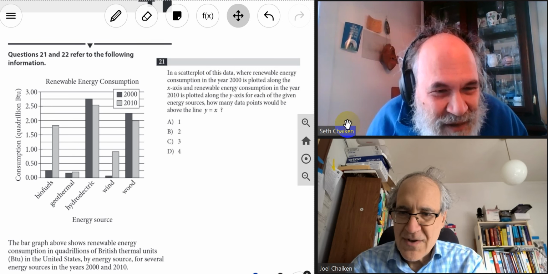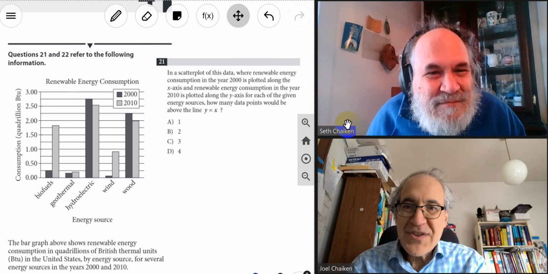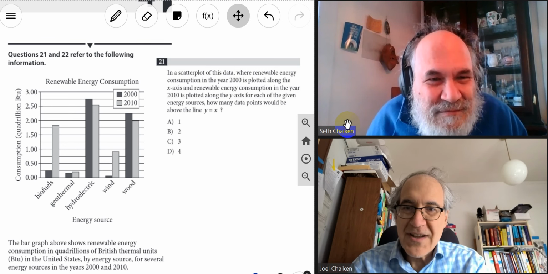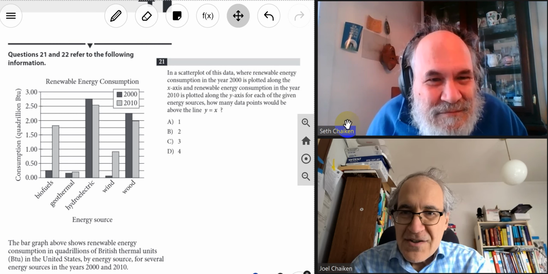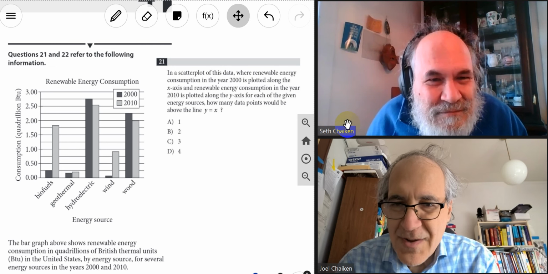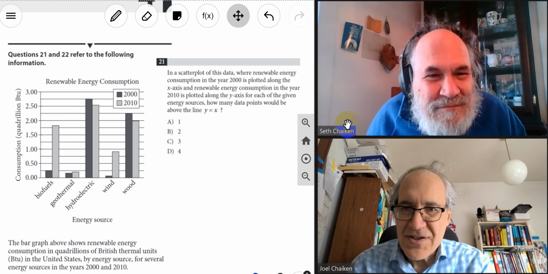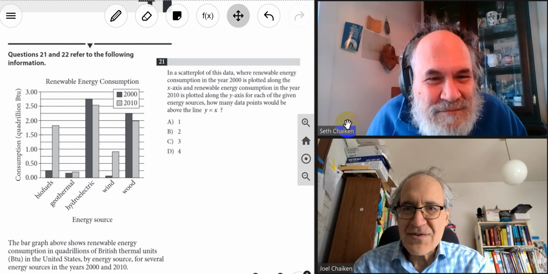In the scatter plot of this data, where renewable energy consumption in the year 2000 is plotted along the x-axis, and renewable energy consumption in the year 2010 is plotted on the y-axis for each of the given energy sources, how many data points would be above the line y equals x?